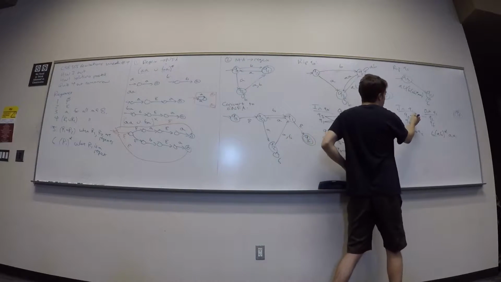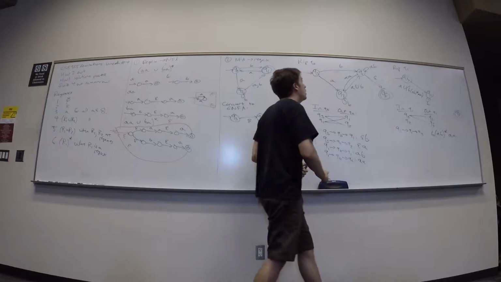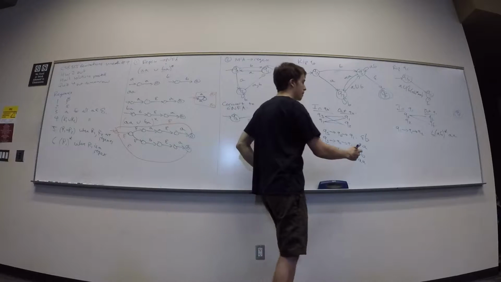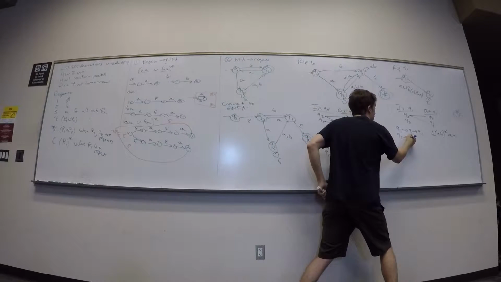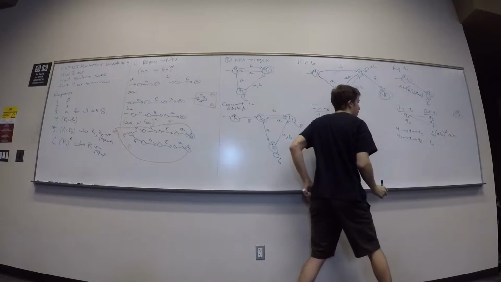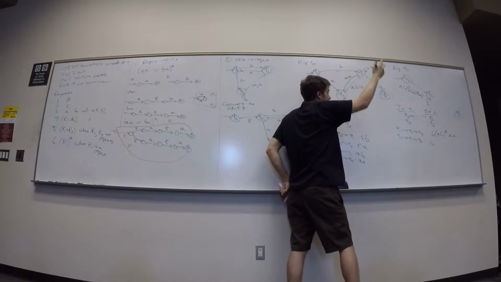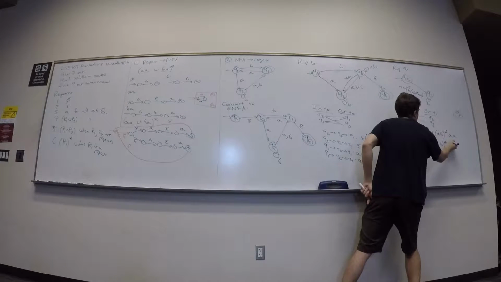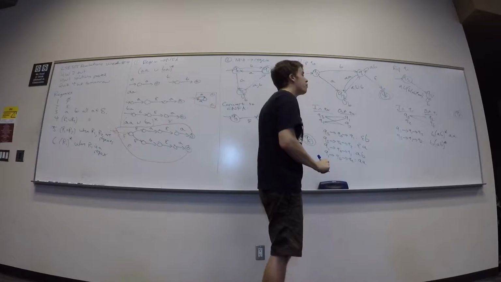Let's do S to F. So S to 1, how do I get there? B, same thing as before. So I have B. I still have the loop on Q1, so I'm going to write AB star again. And how do I get from 1 to F?